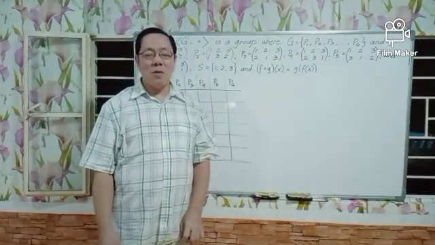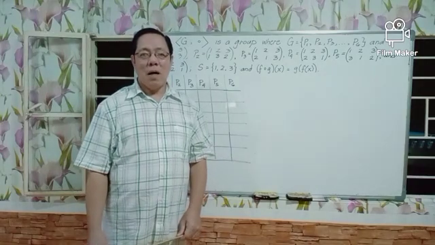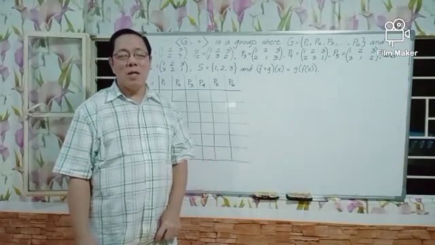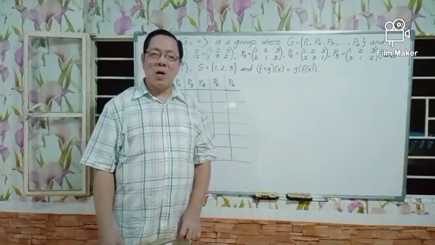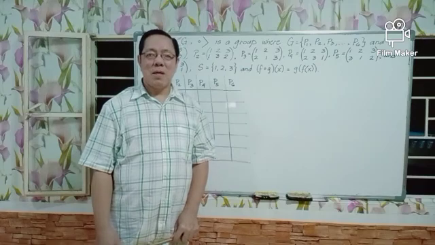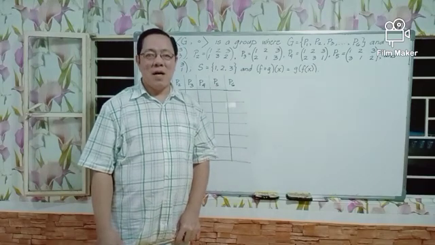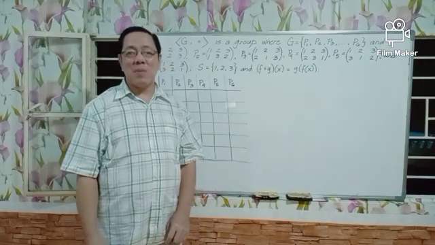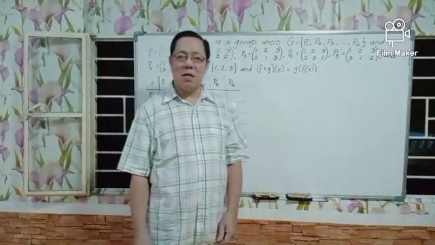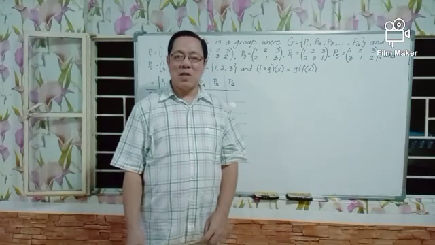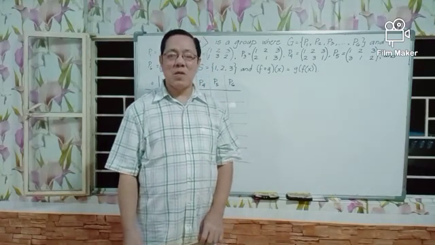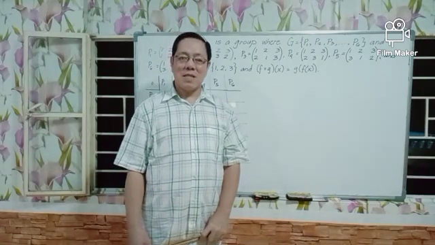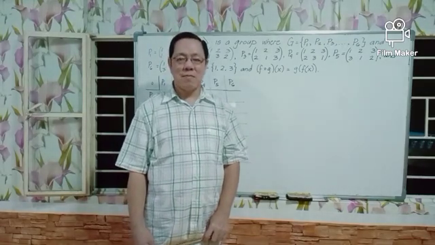And today we will show an easier way to check if the given set G under the given binary operation is a group, rather than verifying if the set G under the given binary operation satisfies the 3 properties of a group: the associativity property, the existence of identity element, and the existence of inverse elements.